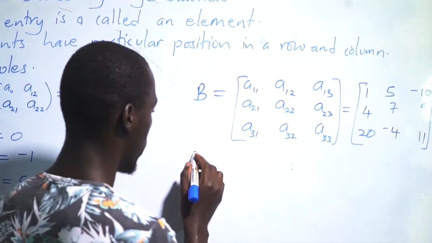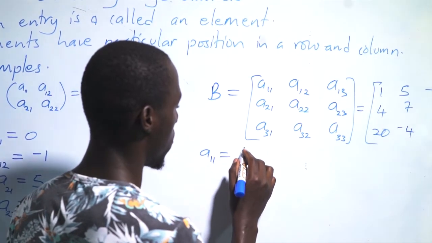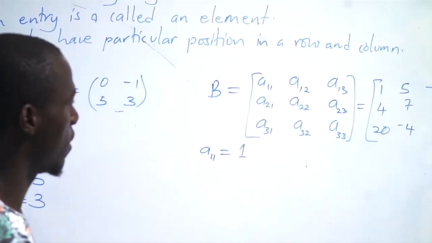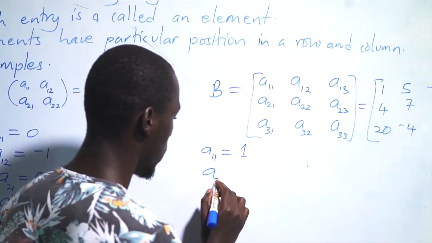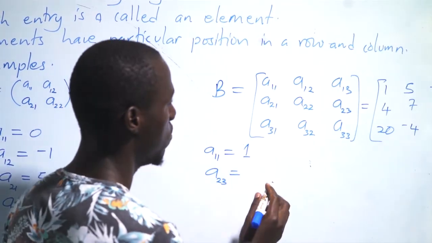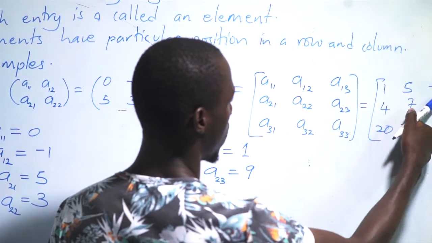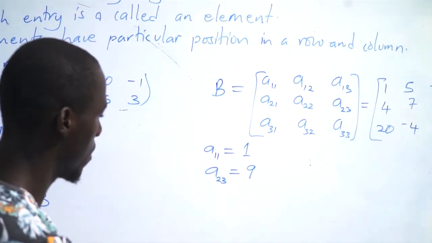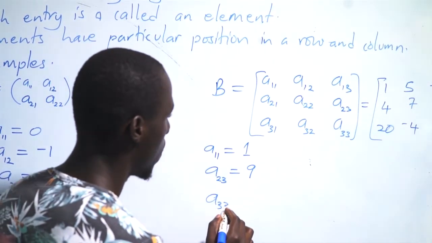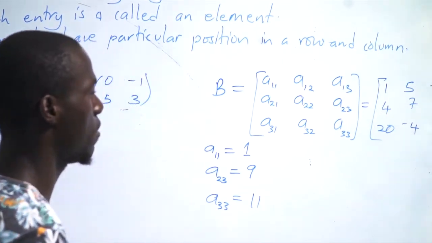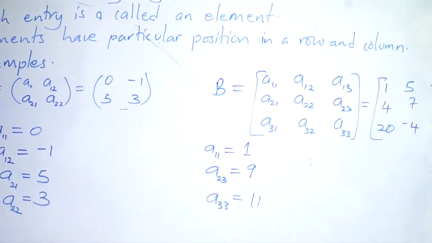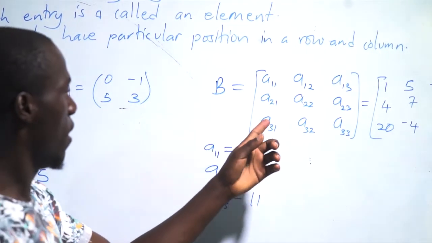The A11 corresponds to a 1. Then the A23 corresponds to a 9. Then the A33 corresponds to an 11, and so on and so forth.